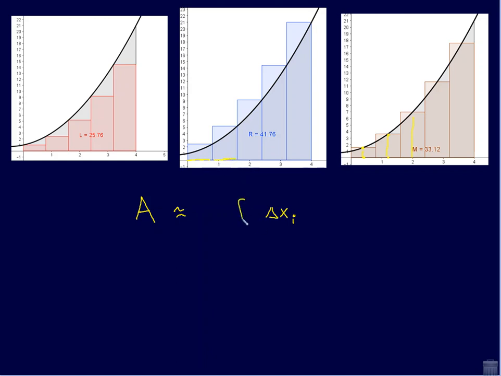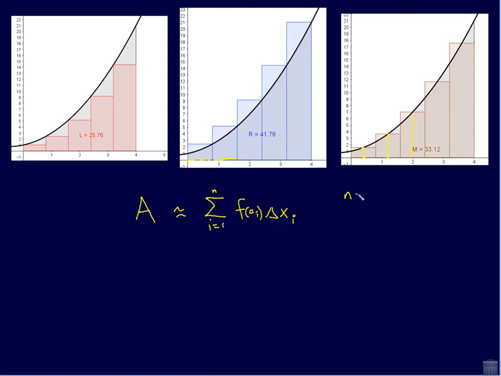Each rectangle has a height measured by some value of the function. In the red rectangles, it was the height at the leftmost point. In the blue, it was the height at the rightmost point, and in the last one, it was the height at the midpoint. Either way, we're picking a point within each subinterval, we're measuring the height of the function, and that becomes the height of the rectangle. And now, summing them all together, or adding the areas all together, gives me an approximate area.